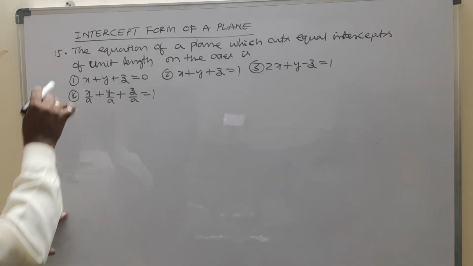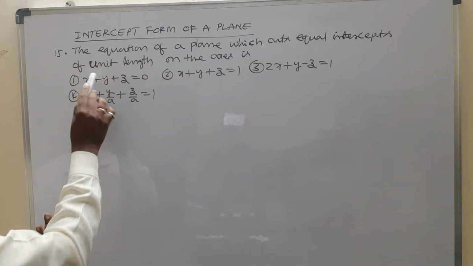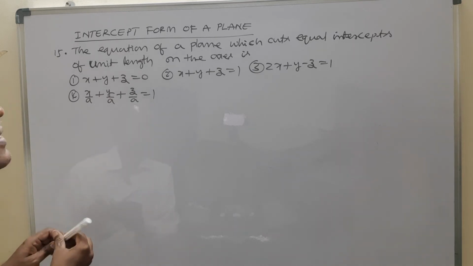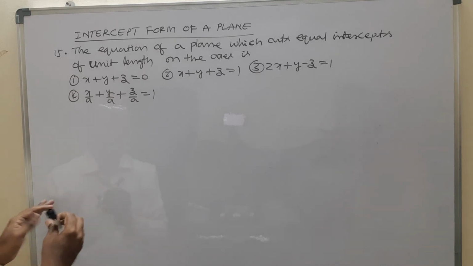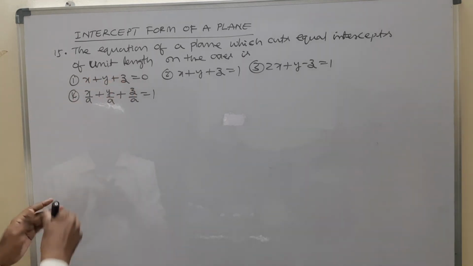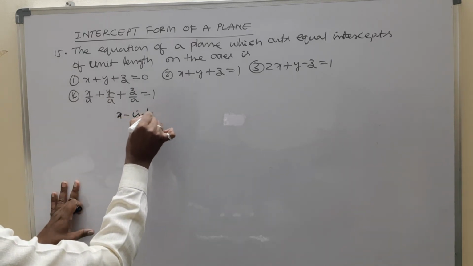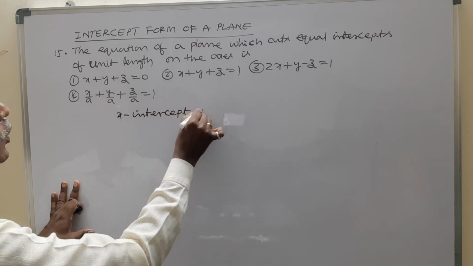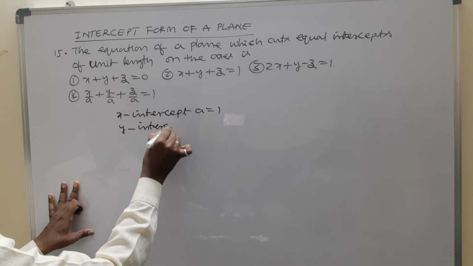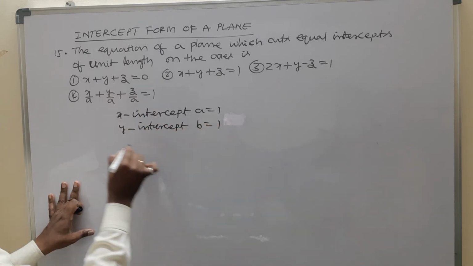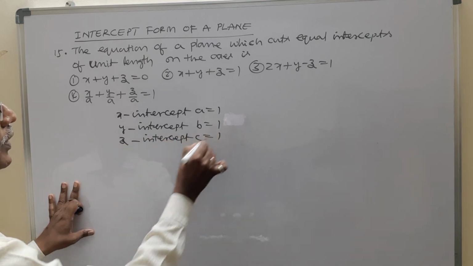Question number 15. The equation of a plane which cuts equal intercepts of unit length on the axes. Here the plane cuts the x-axis, y-axis and z-axis at equal length, the length equal to 1 unit. The x-intercept a equals 1, y-intercept b equals 1, z-intercept c equals 1.